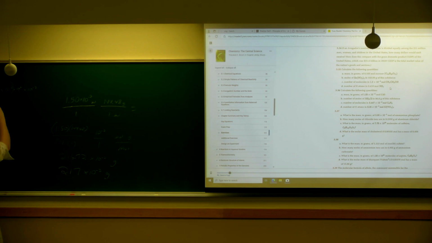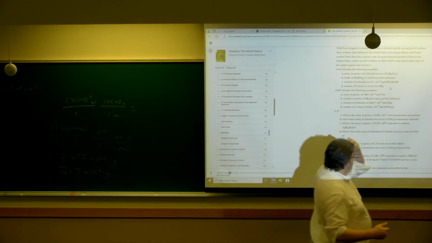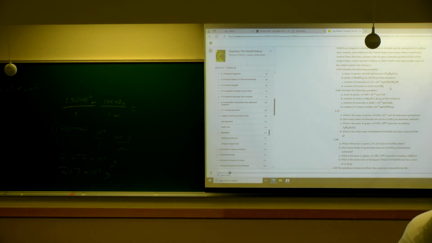If I do that, I get 2.17, and these just cancel each other out. 2.17 grams would be the answer there, if you put it in scientific notation. So those types of questions, and then those lead into the next section.